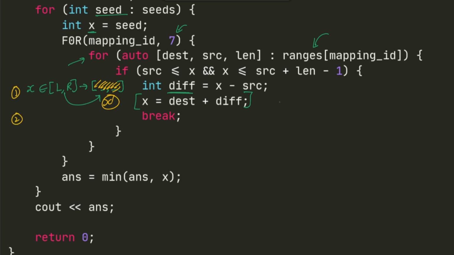So we update x in place, and break the for loop for saying that we found a mapping for this particular index, and we continue the process for all the 7 mappings. And after all of them is done, we find out what is the final value for x after all the mappings, and we try to minimize them over all possible initial starting points, and this would be the final answer.